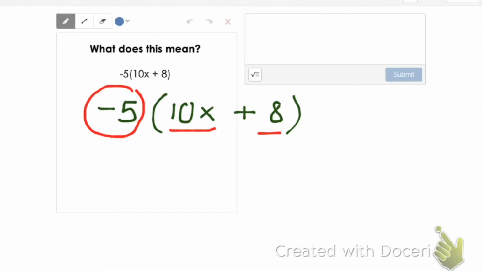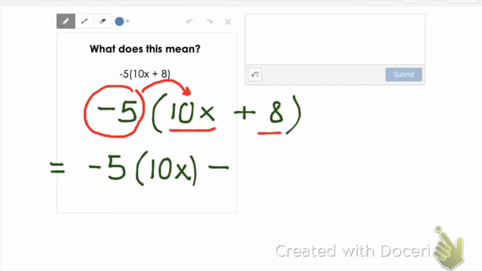So I will start to take negative 5 times 10x. So I have negative 5 multiplied by 10x. I keep the sign, which is addition, and then I take negative 5 multiplied with 8.